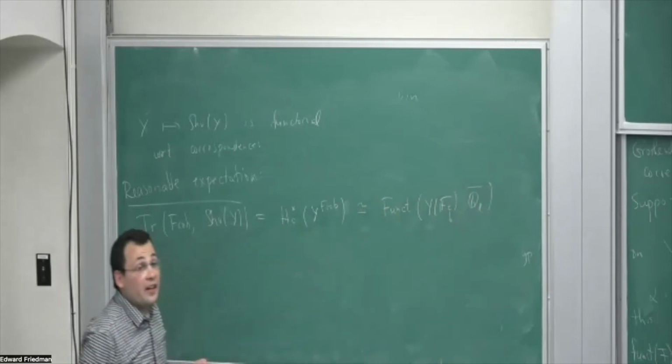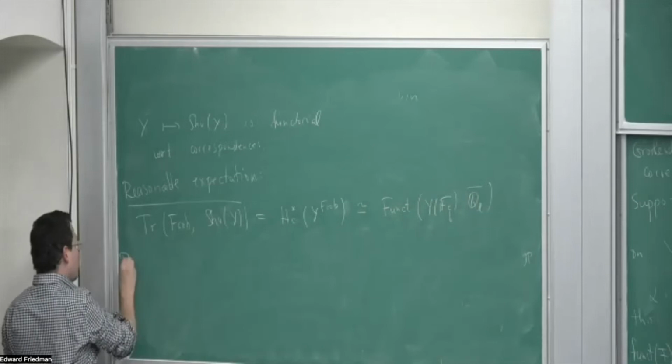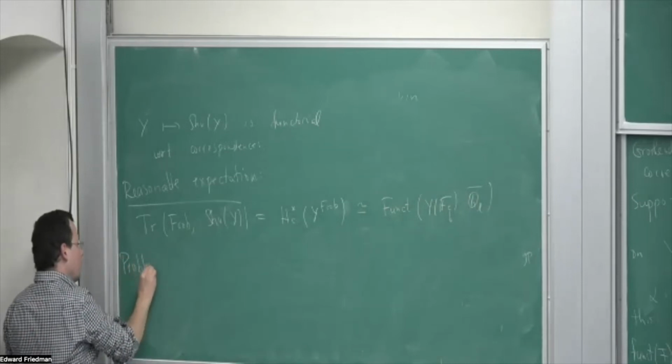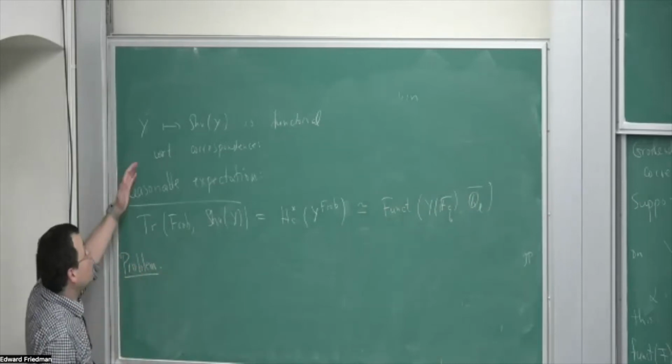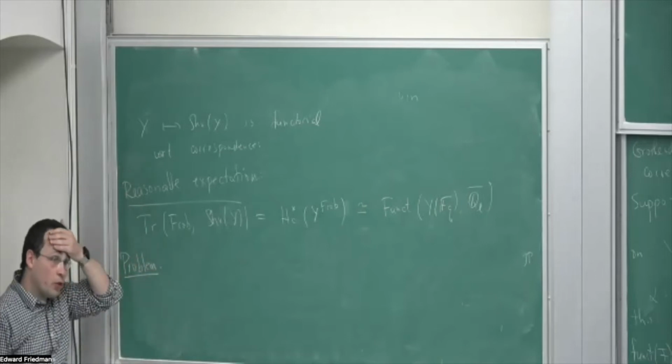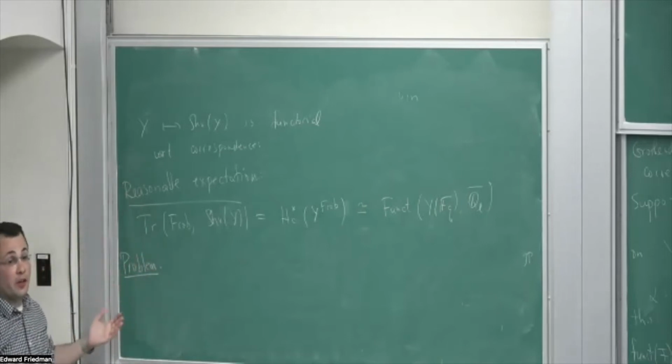So this looks great, except there's a problem. This is functorial, but it's not symmetric monoidal. It's only laxly symmetric monoidal.